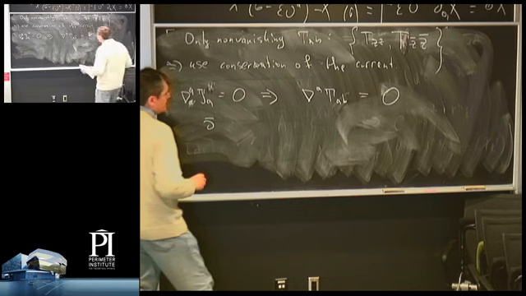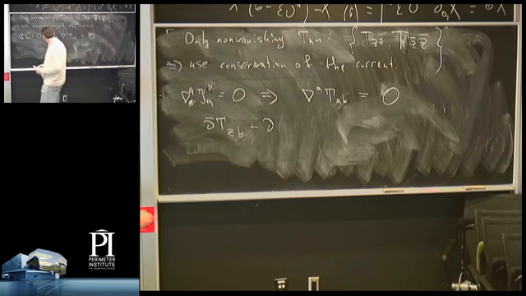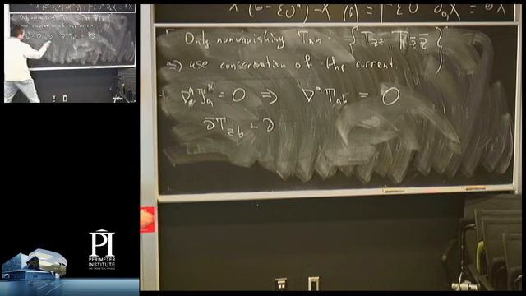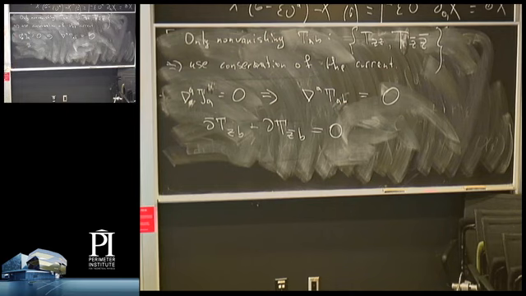So now I'm going to write this down in holomorphic and anti-holomorphic coordinates. So what do I have? I have del bar of T_zz v plus del of T_z̄z v equals 0.